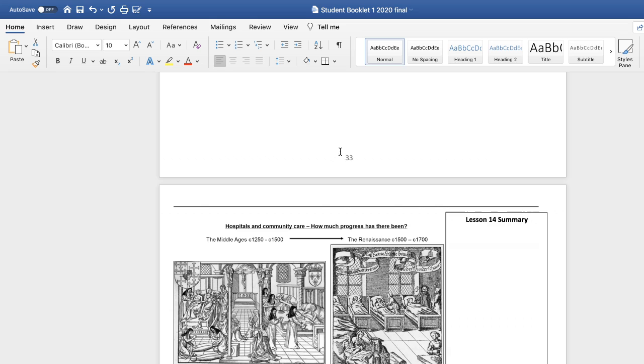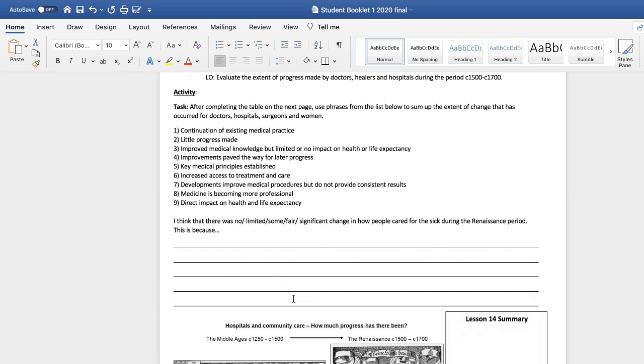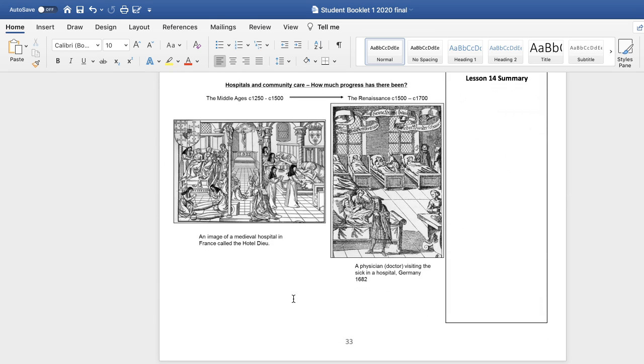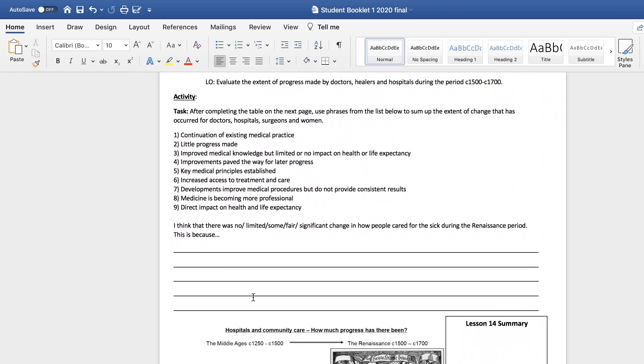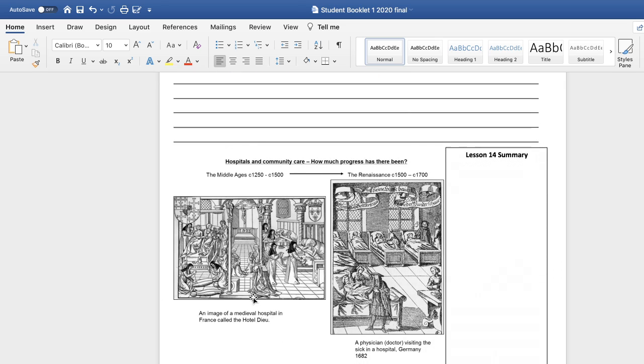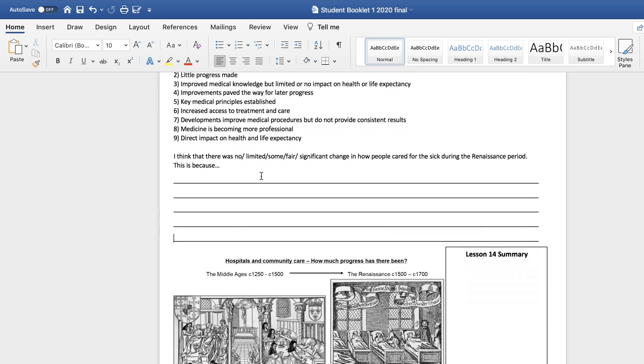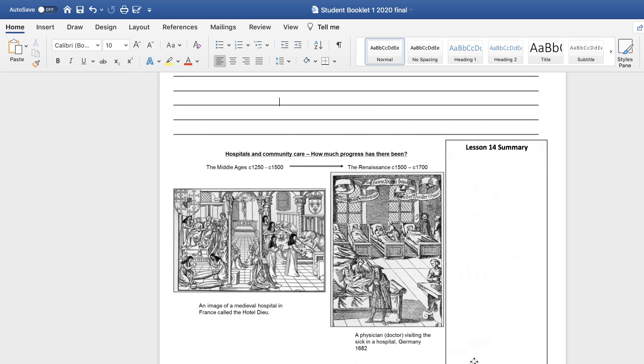Once you finish that, you just have to fill in the summary box. So it's going to be very similar to what you've done over here. If you want, just extend this box into there and carry on writing.